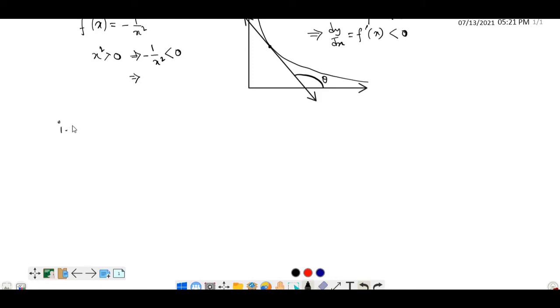So let us sum up here. Point one. First, let us take a function f from D to R, where f(x) is some particular expression of x, and let us take this as a real valued function.